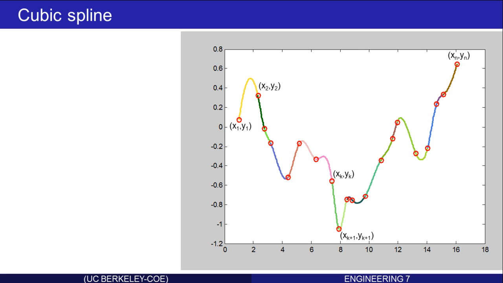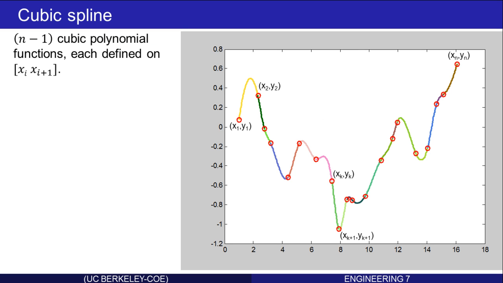Here's some data points. And there are n-1 cubic polynomial functions, each defined on their individual intervals. The kth function connects xk, yk to xk plus 1, yk plus 1, and that's shown right there. There are some other ones. f1 connects x1, y1 to x2, y2. f2 connects x2, y2 to x3, y3, and so on.